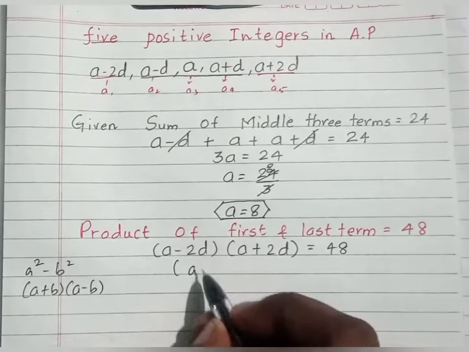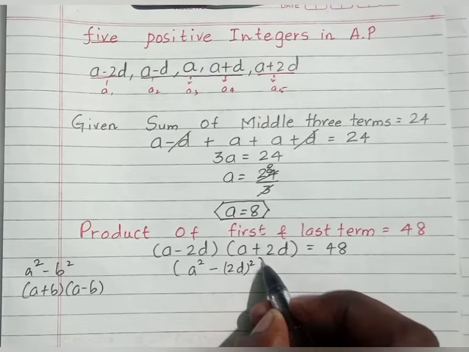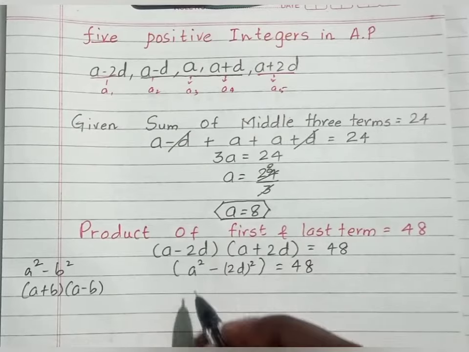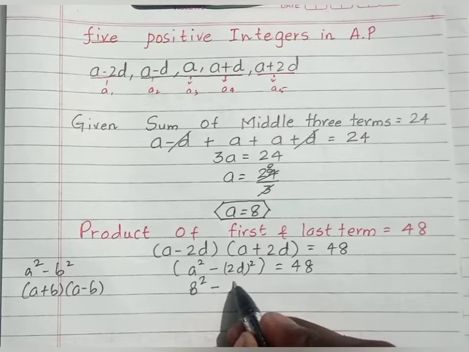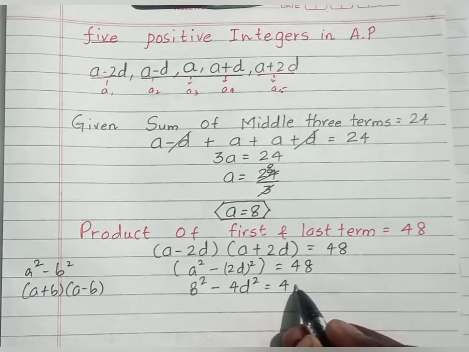So A square minus 2D whole square equals 48. Now substitute the value of A. So 8 square minus 2 square, that is 4D square, equals 48.